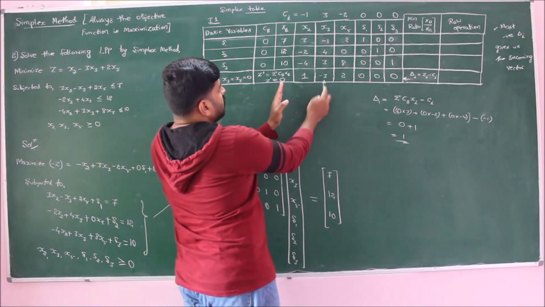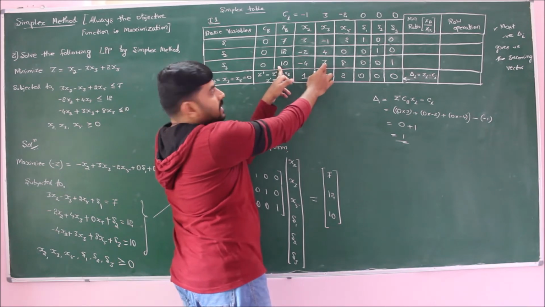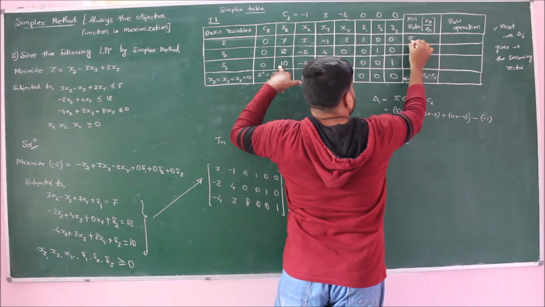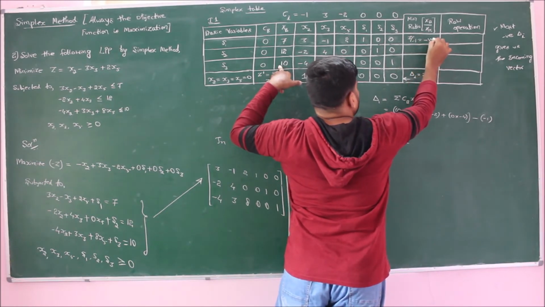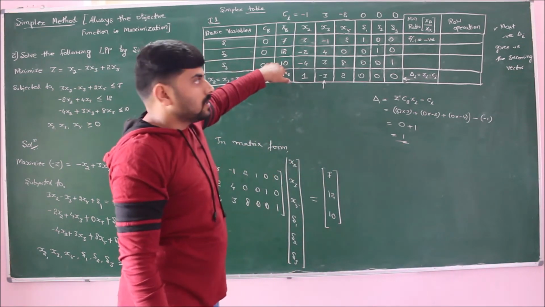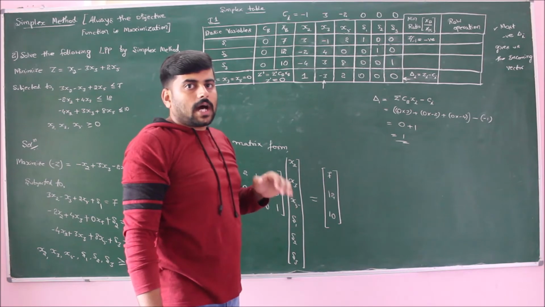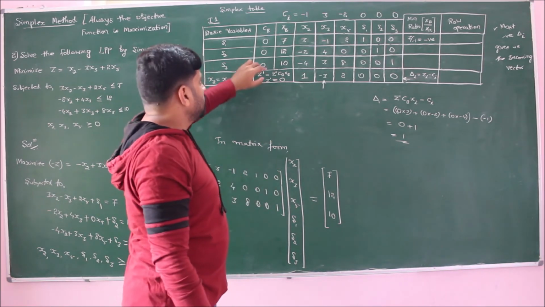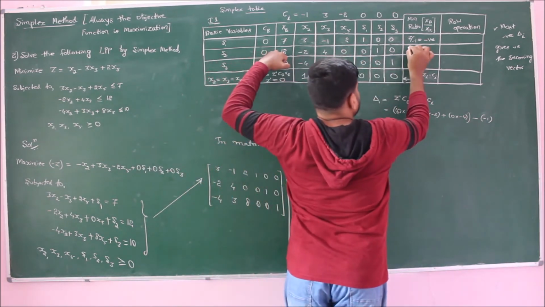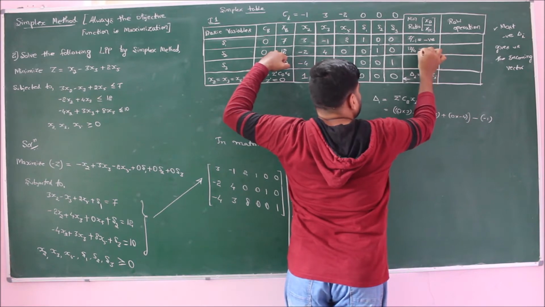So now freezing the column x3, xp by xk will become xb by x3. So calculating the values, 7 by minus 1 will become negative. Don't write anything because we should not consider the negative values. If all values are negative, it means that the solution is unbounded. Next, coming to 12 by 4, I get the value as 3.